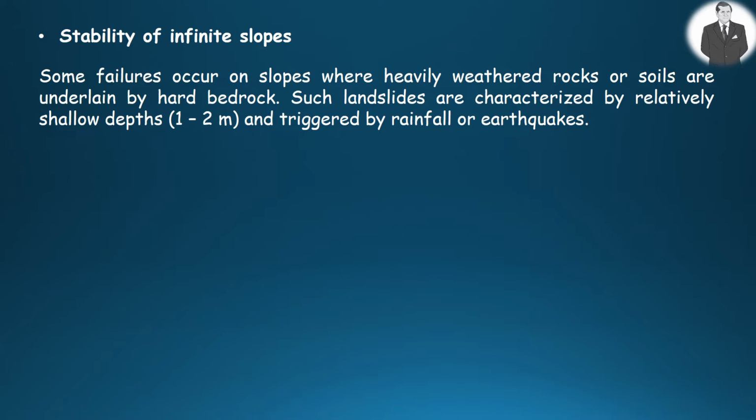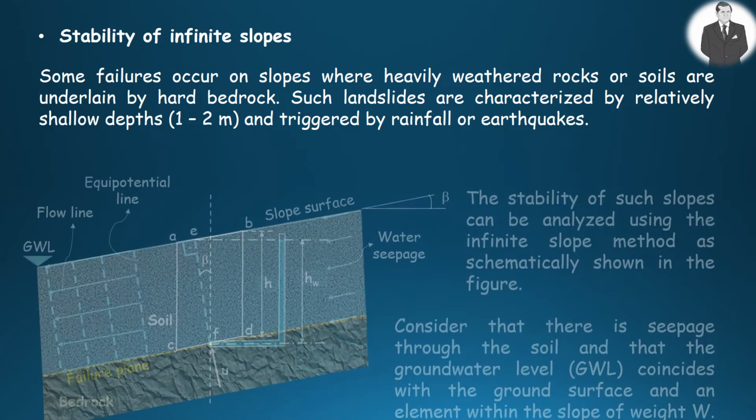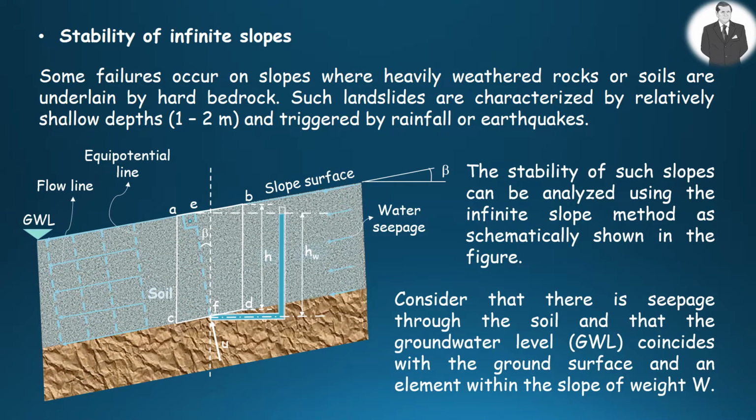Such landslides are characterized by relatively shallow depths, about 1 to 2 meters, and produced by rainfall or earthquakes. The stability of such slopes can be analyzed employing the infinite slope method as illustrated in the figure.